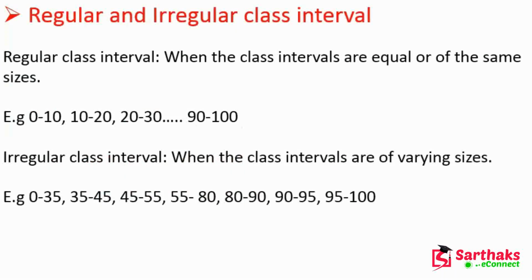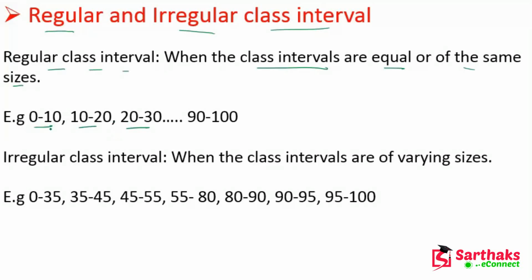Now let's move on and see the regular and irregular class interval. Regular class interval is when the class intervals are equal or of the same sizes. Here you can see the class intervals are 0 to 10, 10 to 20, 20 to 30.